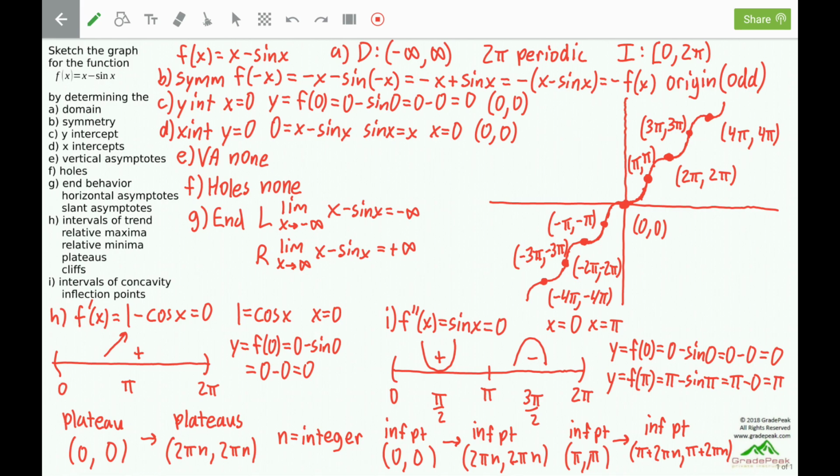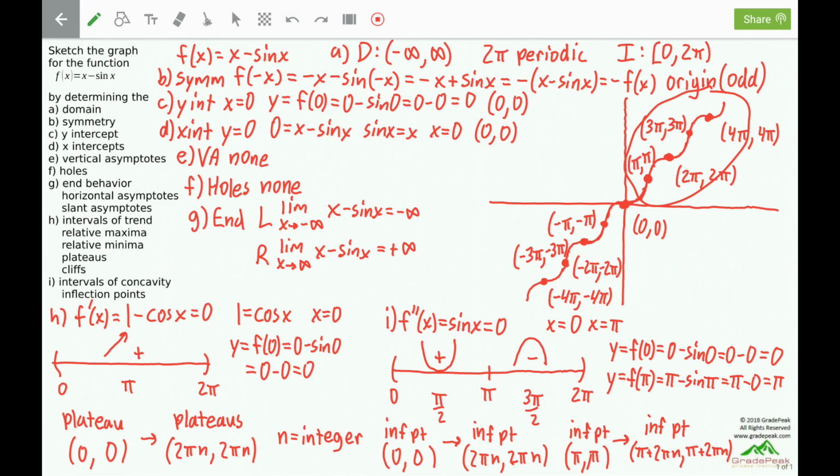And it is showing the origin or odd symmetry, because this portion of the graph, if it were to be reflected or the mirror image across the y-axis, and then reflected or the mirror image across the x-axis, it will completely overlap on itself in the third quadrant.